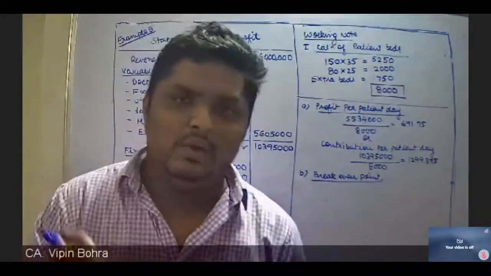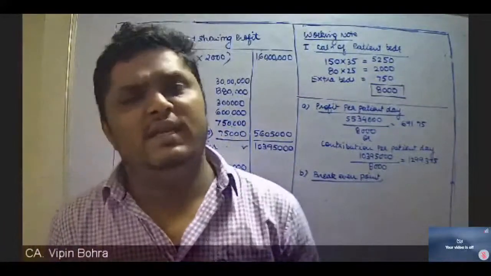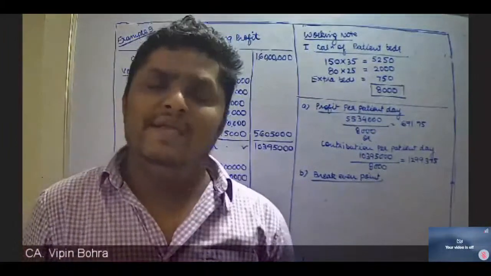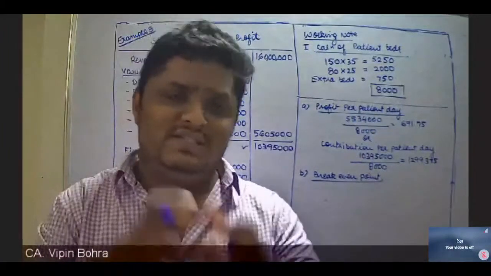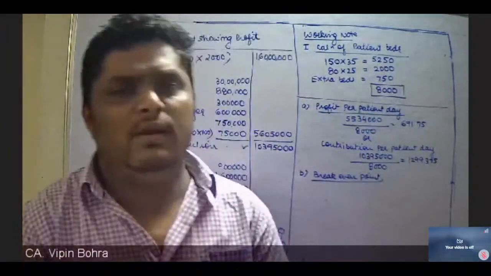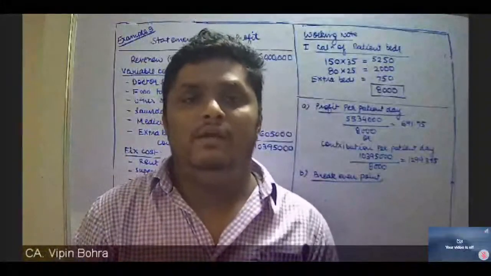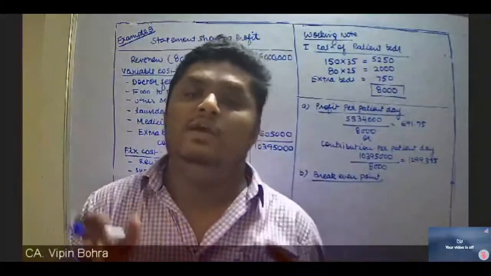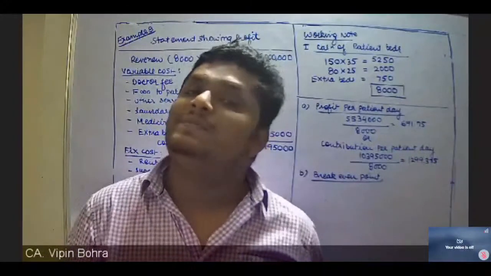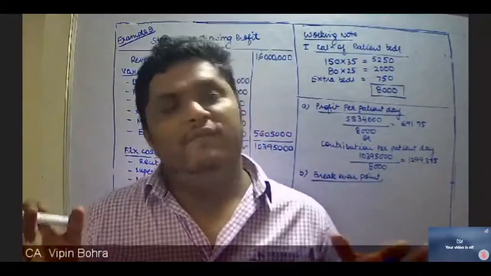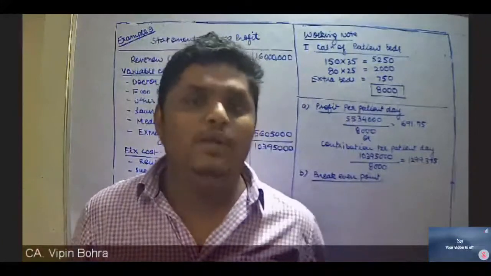Now, not going that much in detail, I'll be discussing break-even point in the coming chapter, that is marginal costing. So let's not discuss more about it. But in general, what is break-even point? The point where there is no profit and no loss.